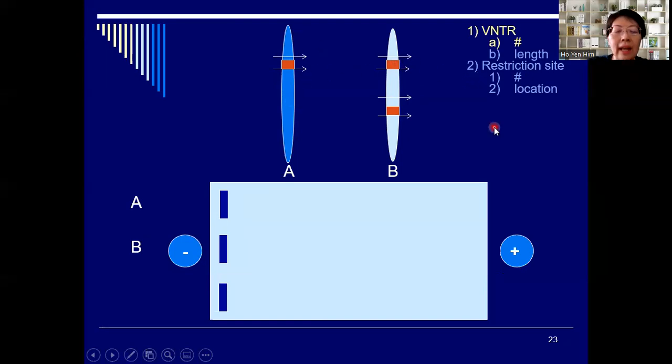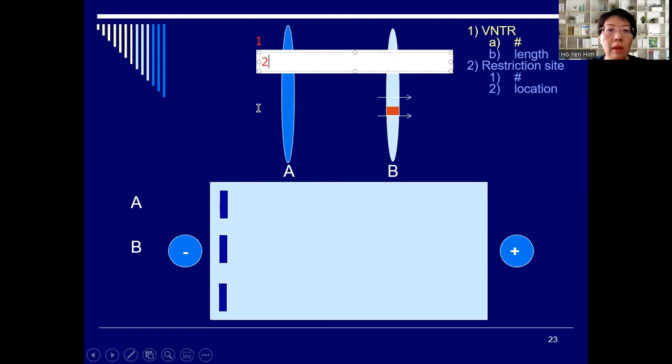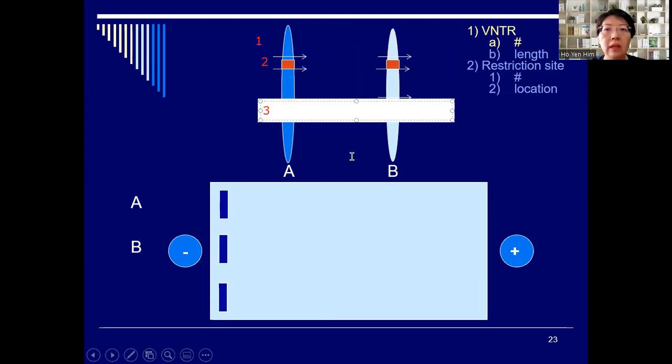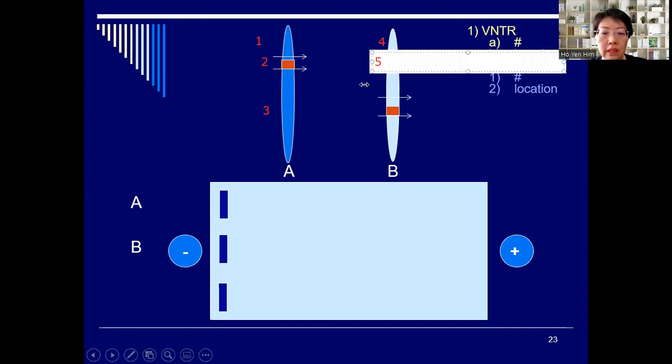After I cut and run gel electrophoresis, what will I expect to get in my result? I take this as an example. For A, I will get 3 bands. Let's say I've got fragment number 1, 2, 3 here, and this is number 4, 5, 6, 7, 8.